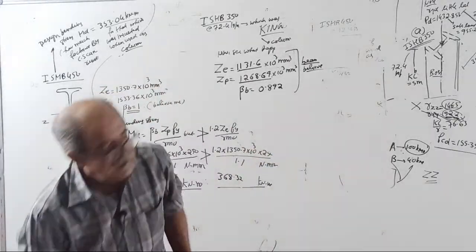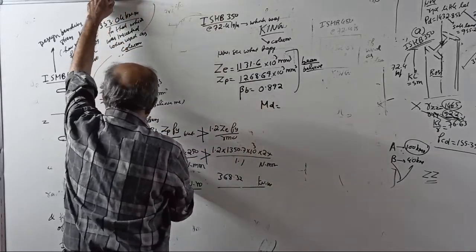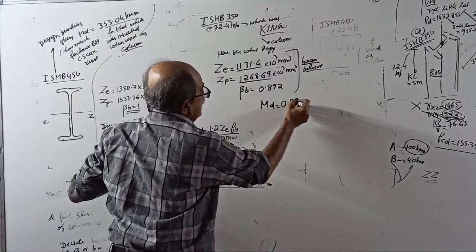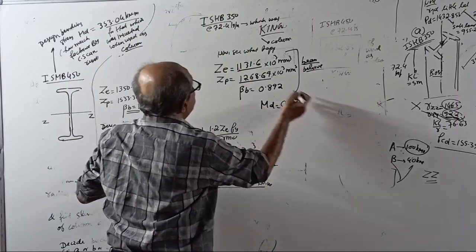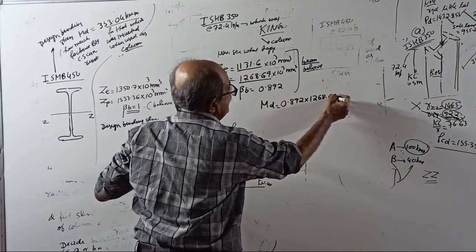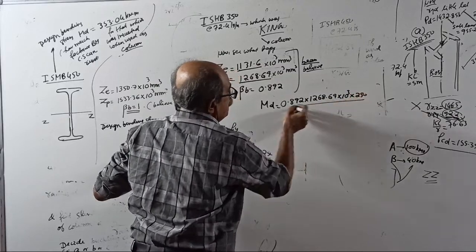Now its design bending strength MD equals, same formula as I wrote, beta b which is 0.892 into Zp which is 1268.69 times 10 to the power 3, into 250 by 1.1.